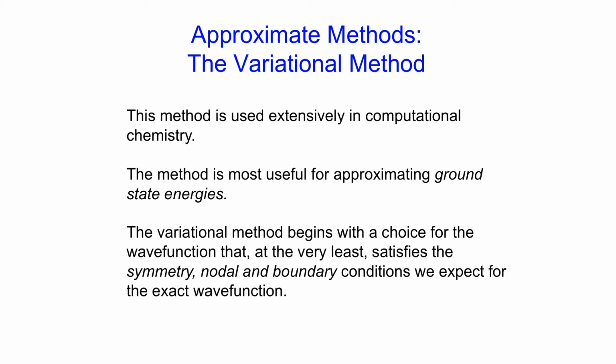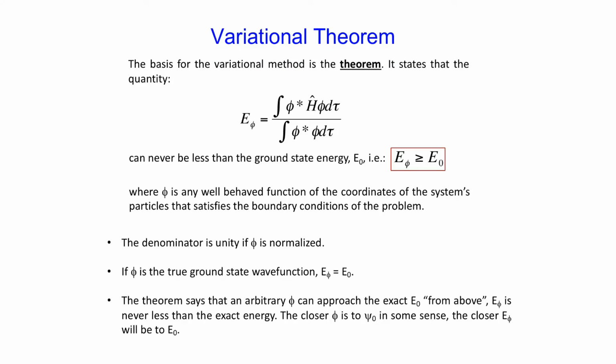If you think to models that we've looked at previously, like the particle in a box, if you had a system that was similar to that, you'd want to make sure that you had the same sort of symmetry, the same nodal behavior, so that n-1 number of nodes behavior, and similar boundary conditions to that model.